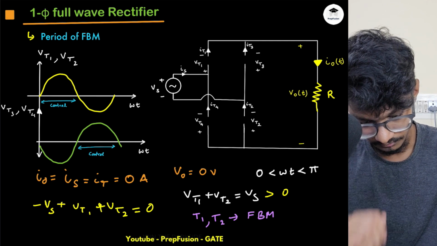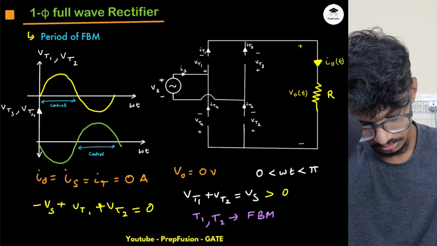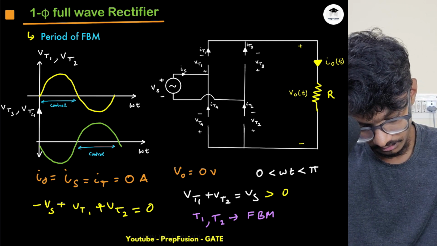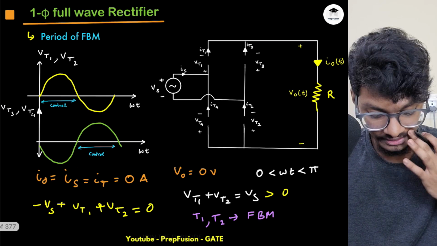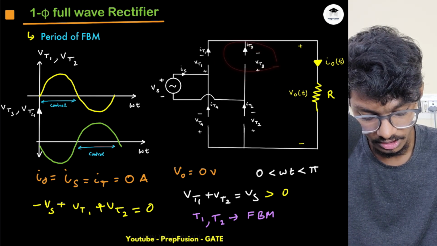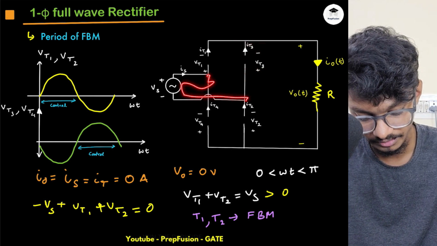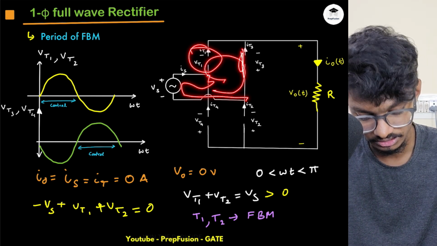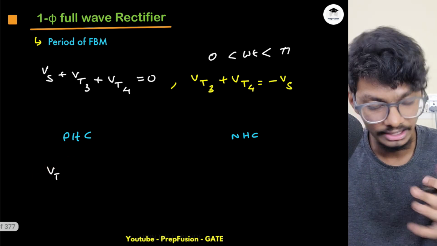This is a 0 drop, right? What will happen is whenever I turn one SCR on, this whole supply voltage will be negative across this. Why? Because this is 0 voltage and this whole thing will come across this. That's why the maximum peak will be that.